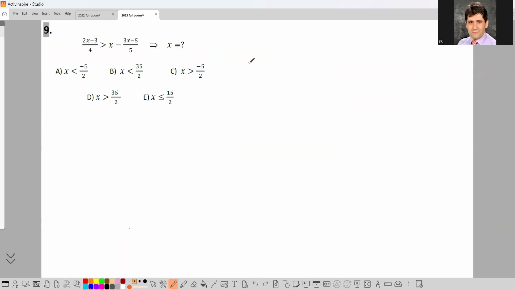Here we have a linear inequality, which is very, very similar to linear equations. We have (2x - 3)/4 is greater than x - (3x - 5)/5. We can just multiply both sides by 20, because we know that the common denominator here is 20.